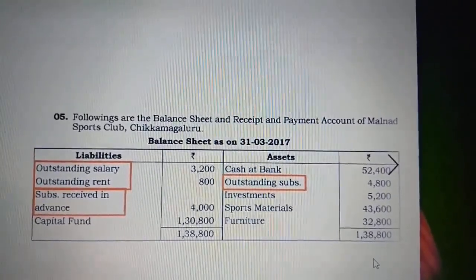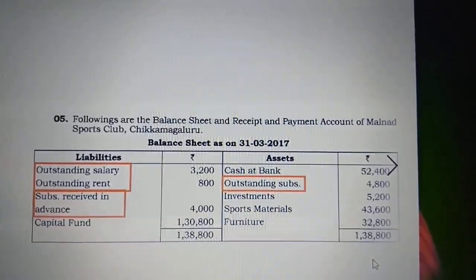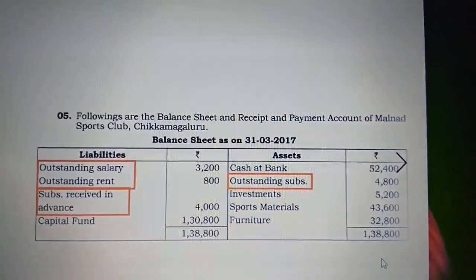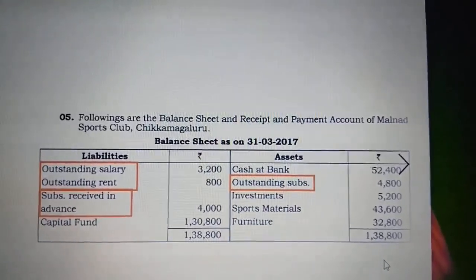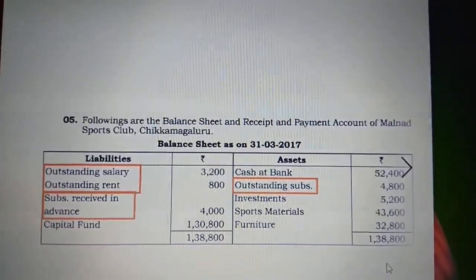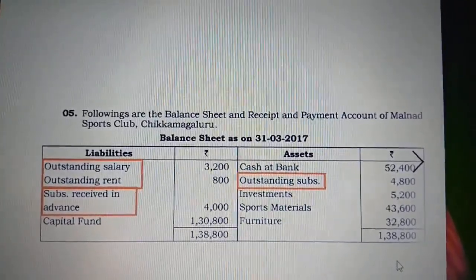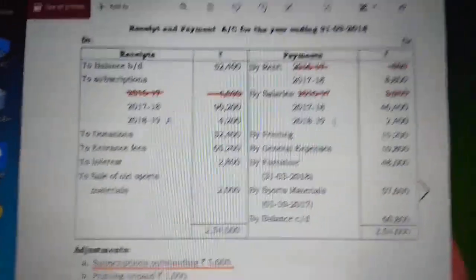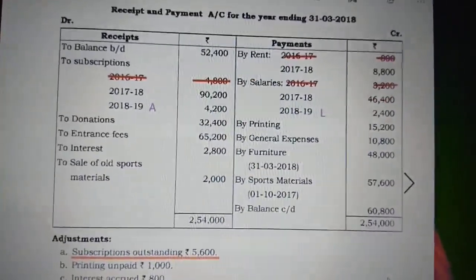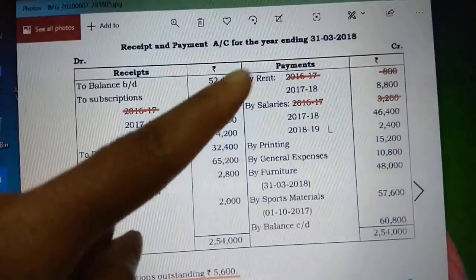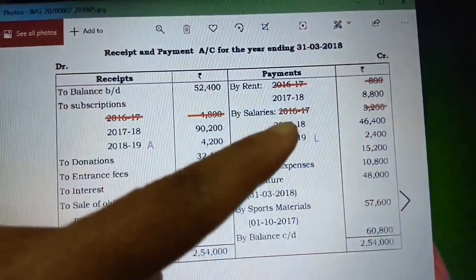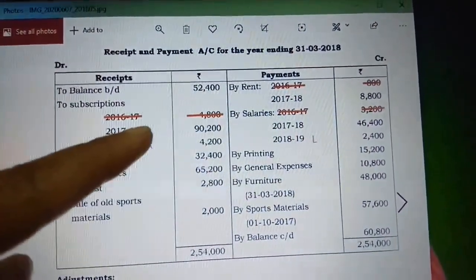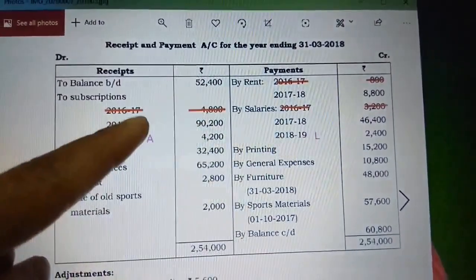If this outstanding is already accounted or considered in the receipts and payments account, what are we going to do? Now can you observe your receipts and payments account? Here I have struck out items given as 16 and 17 on the payment side as well as on the receipt side.